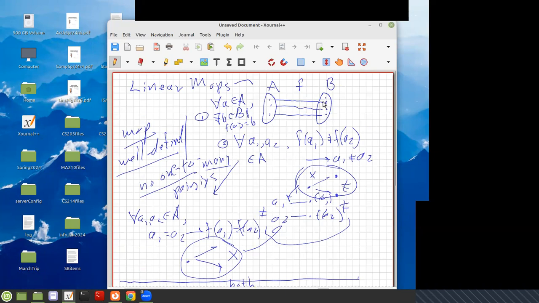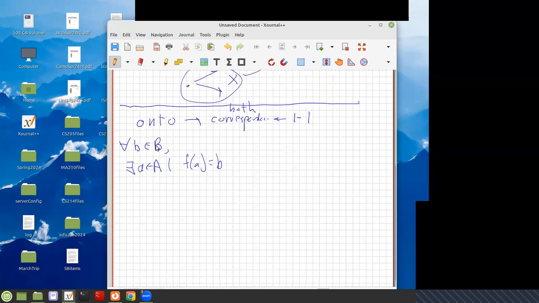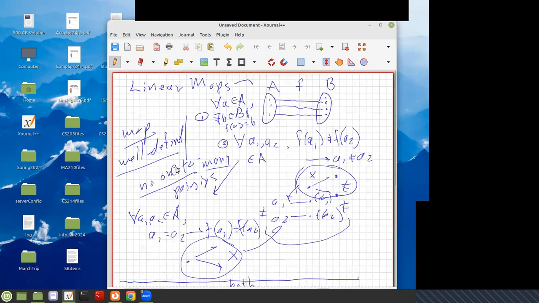It says for every element B, there's got to be a pre-image A that maps to it. So every element of B must be the image of some element in A. It's sort of the opposite of this. This one starts off, for every A, it's got to have an image. The ontoness says for every element in B, it's got to have a pre-image.